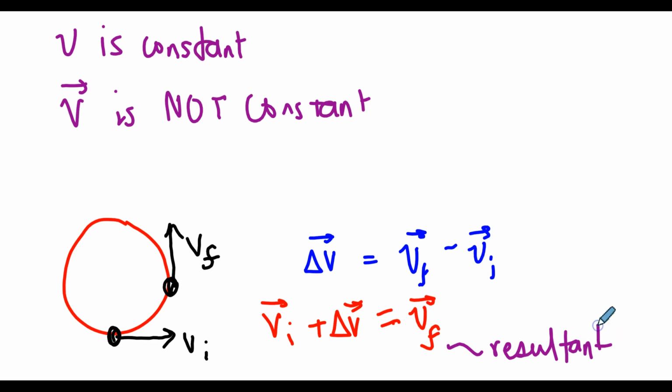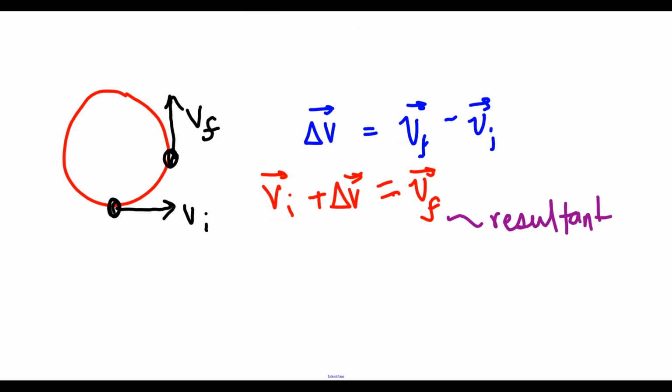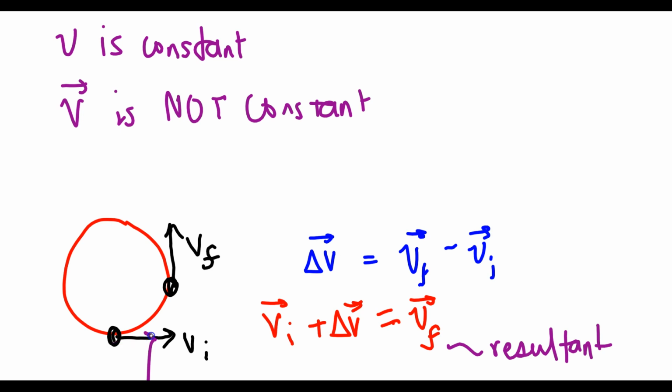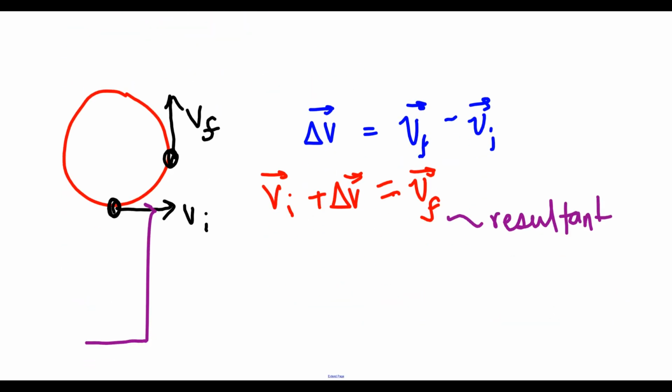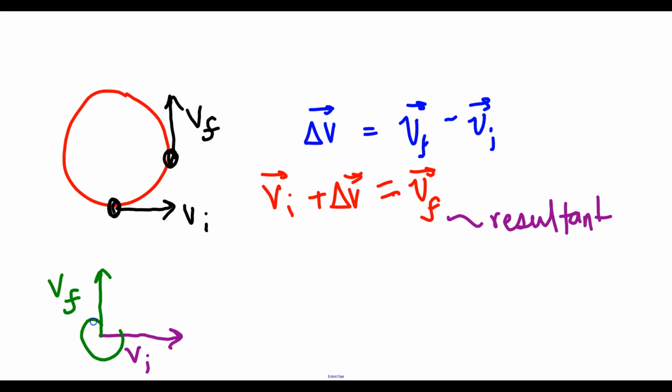So consider the vectors that we've just drawn. Here's VI. Let's draw VI again. Here's VI. And we have to add some change, some delta, so that VF looks like this. VF is the resultant. VF is tail to tail, and it will be tip to tip.